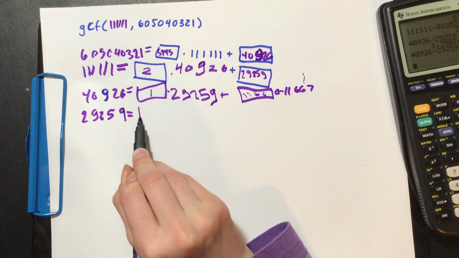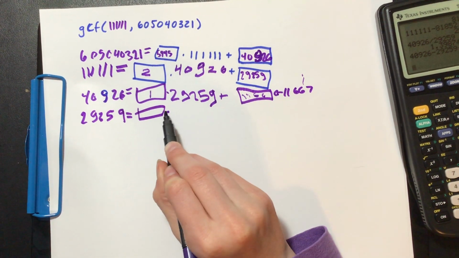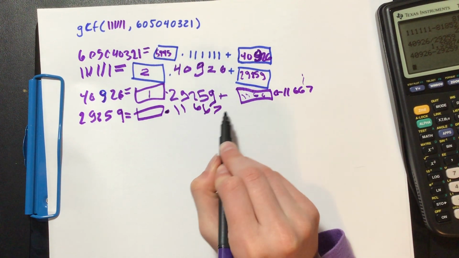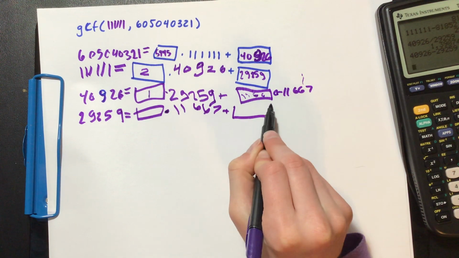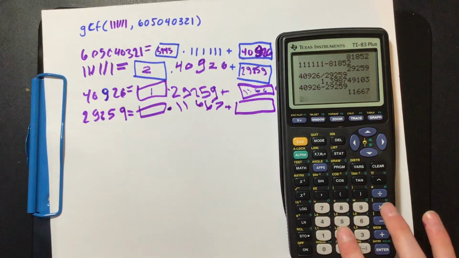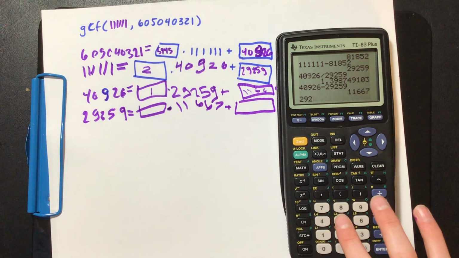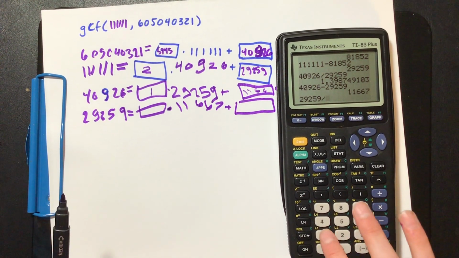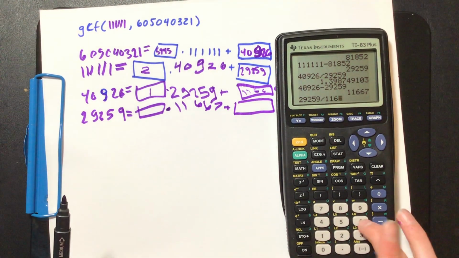29259 equals something times 11667 plus something. Okay. Now let's solve for 29259 divided by 11667.